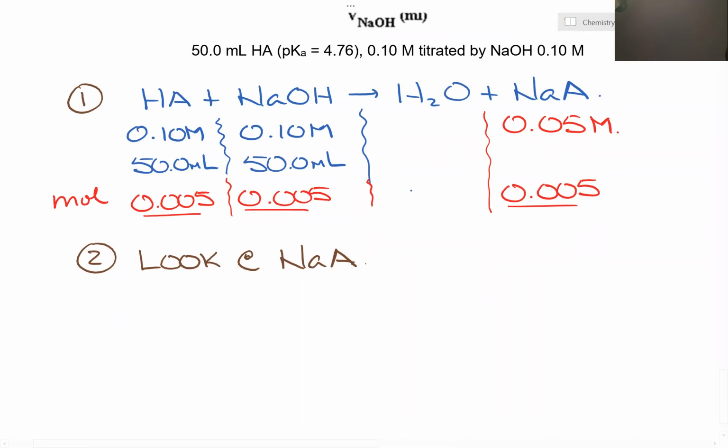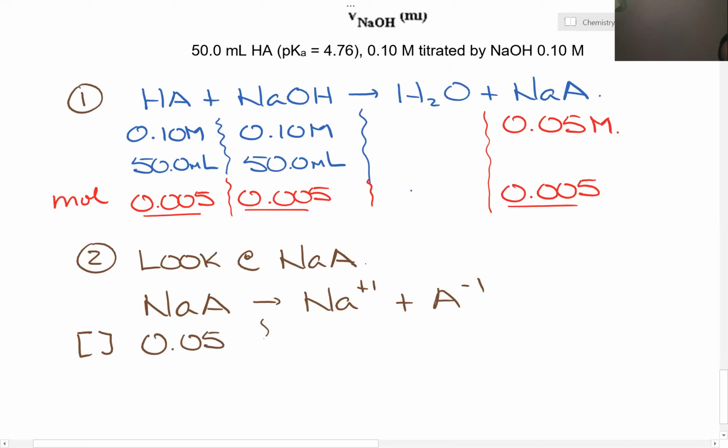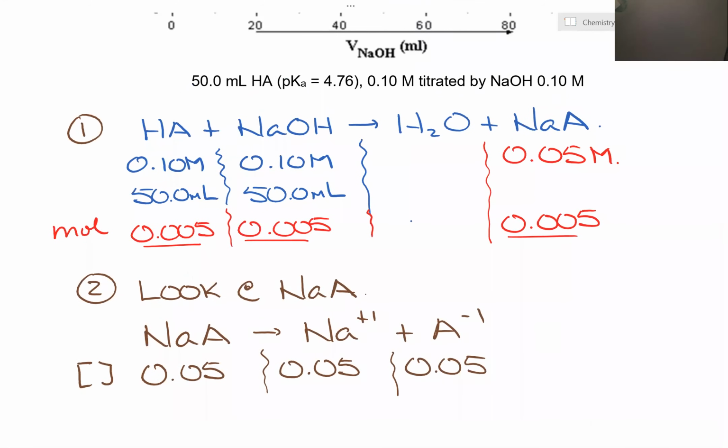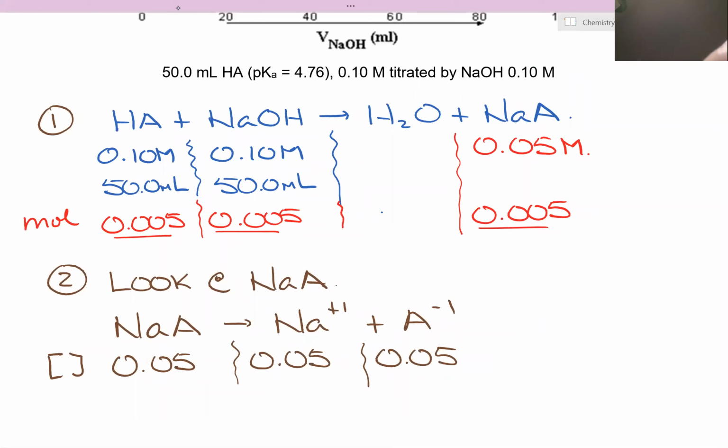Now, NaA breaks apart to Na plus 1 and A minus 1. So the concentration here would be 0.05, this one would be 0.05, and this one would be 0.05. Now, you might say, okay, what's going on here? Why do you have to look at NaA? Because we have to focus on the A minus 1.